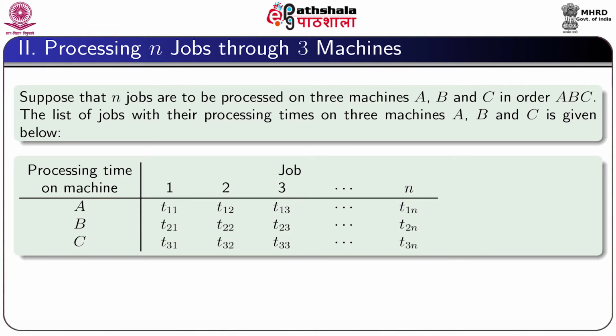We now proceed to solve type 2 job sequencing problem, that is processing of n jobs through 3 machines. Suppose that n jobs are to be processed on 3 machines A, B and C in the order A, B, C. The list of jobs with their processing times on 3 machines A, B, C is given below.